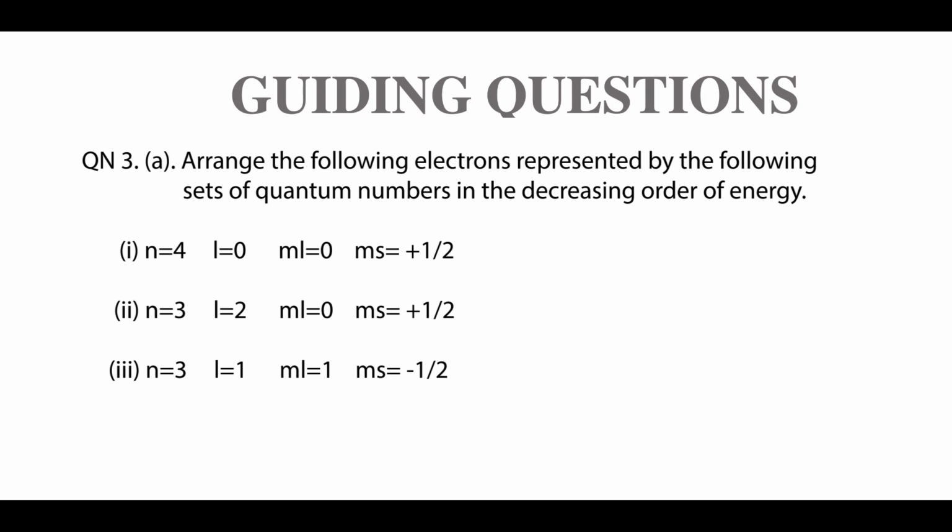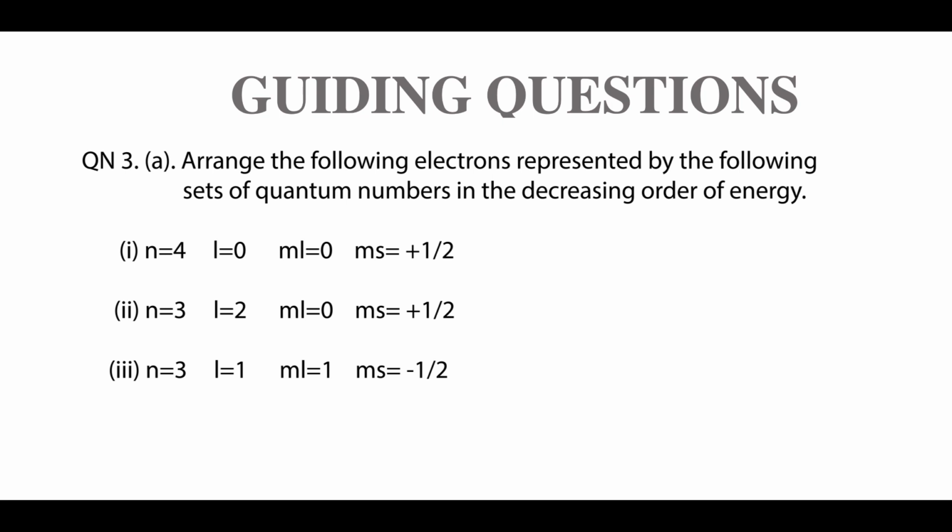Roman number 2, n is equal to 3, L 2, ML 0, MS positive half. Roman number 3, n 3, L 1, ML 1, and MS negative a half. We are supposed to discuss the arrangement of these given orbitals in order of decreasing energy.